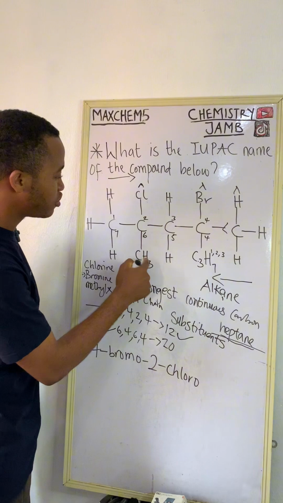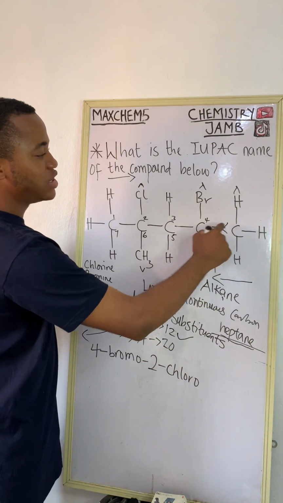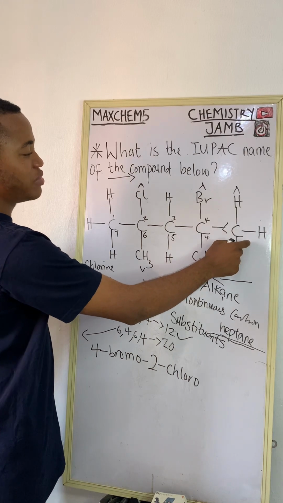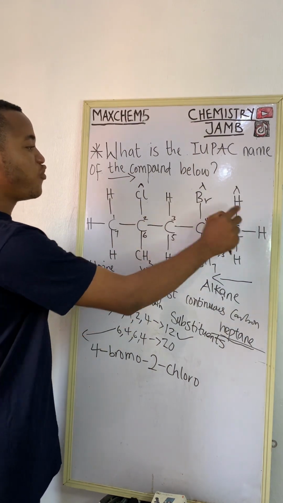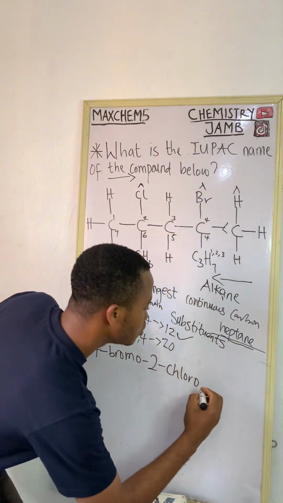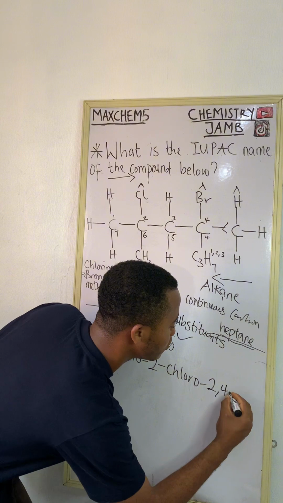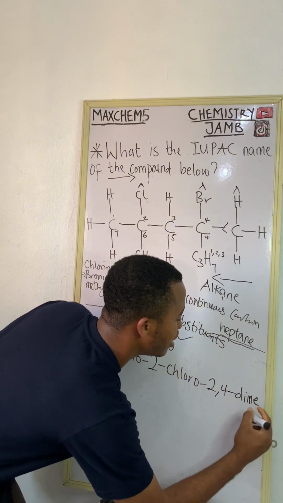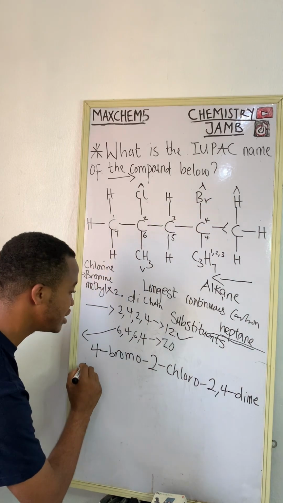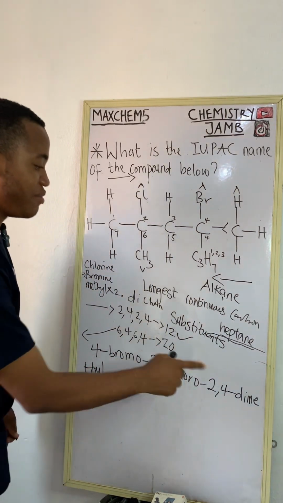So now, both of our methyl in this direction are on carbon what? The first methyl is on carbon 2, while the second one is on carbon 4. So it's going to be 2,4-dimethyl, right? I'm going to write it here. 2,4-dimethyl.